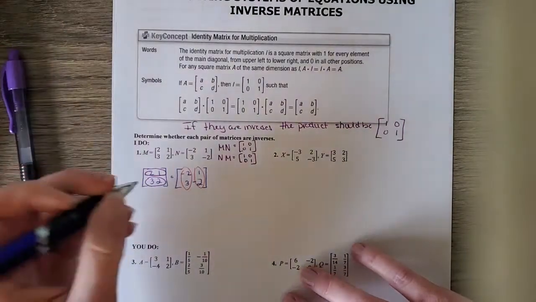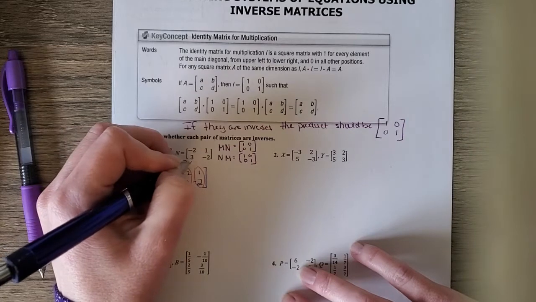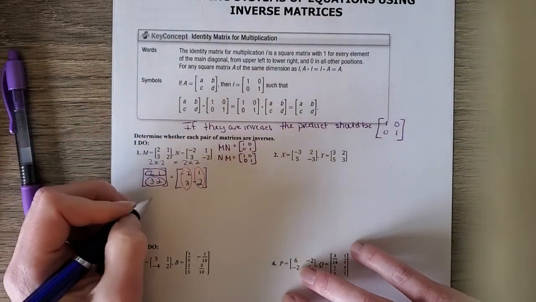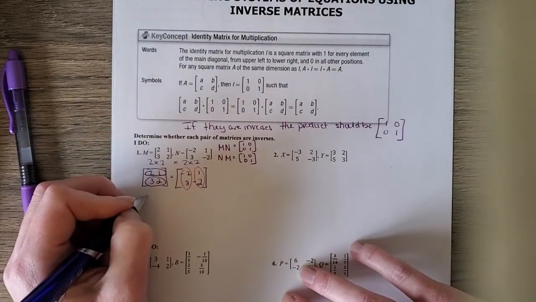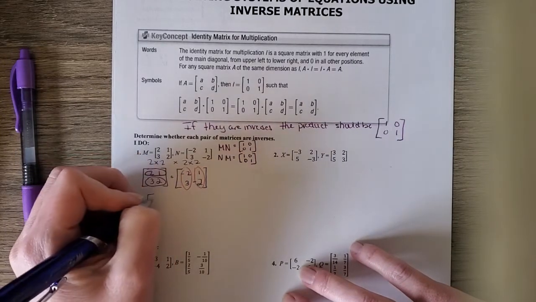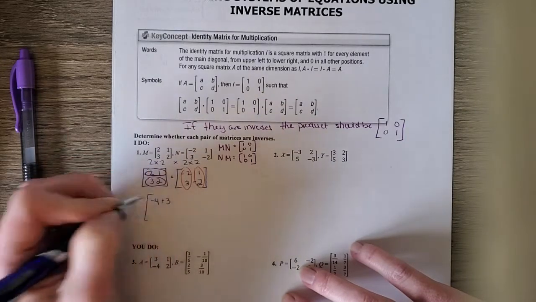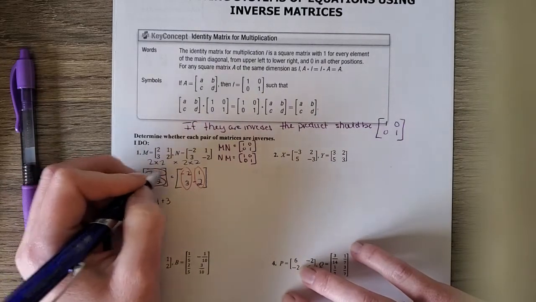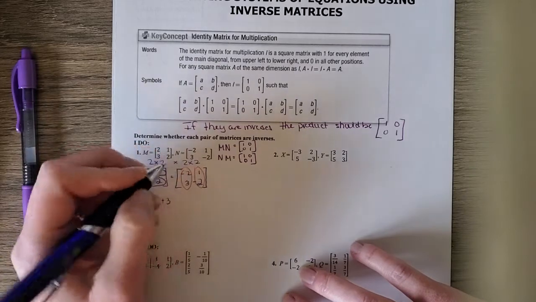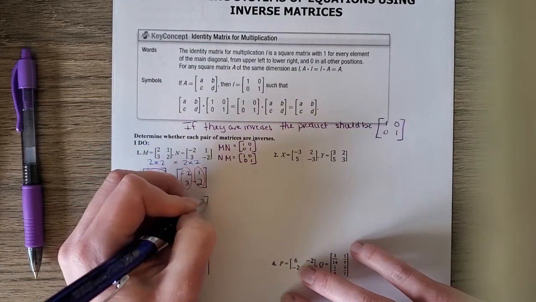This is a 2 by 2 times a 2 by 2, so you know we should get a 2 by 2 matrix. We multiply 2 times -2 and get -4. 1 times 3 is 3. Again, it's addition. Then we do the same row with these ones. 2 times 1 is 2, and 1 times -2 is -2.